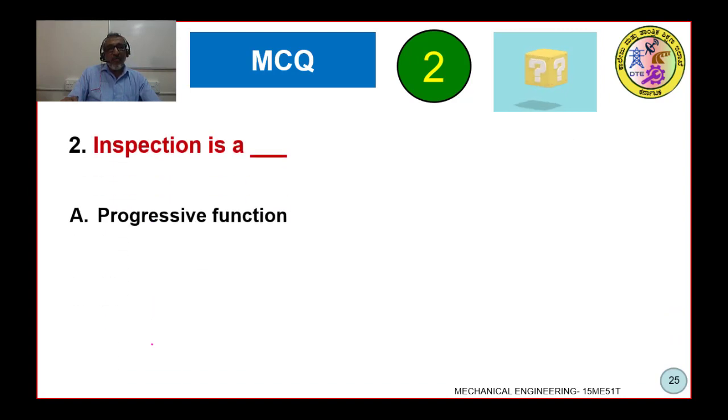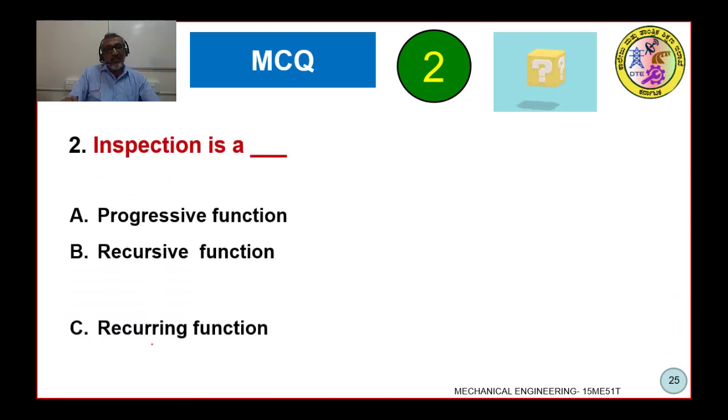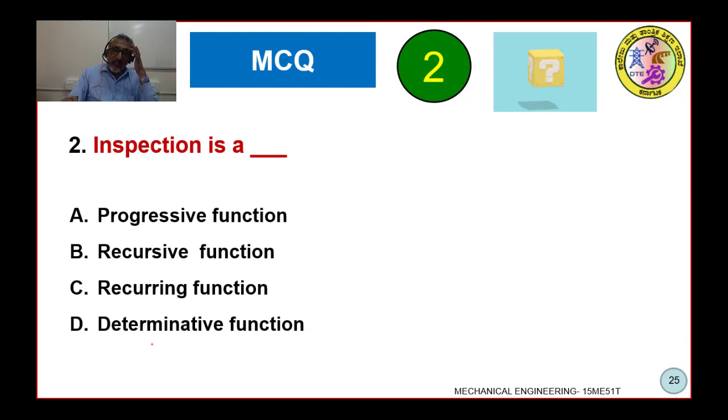Next: inspection is a progressive function, recursive function, recurring function, or determinative function. Determinative is the right answer, because determinative means yes or no. It will say whether it is acceptable or not. So that is a determinative function.